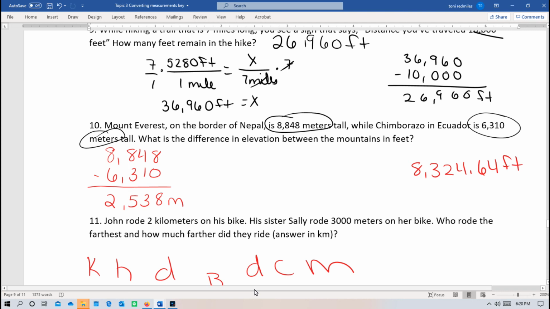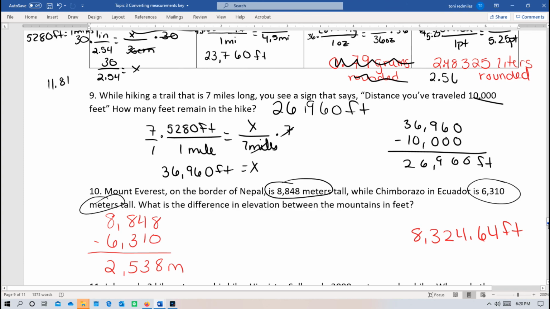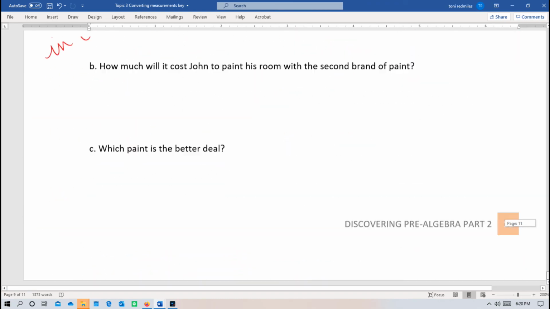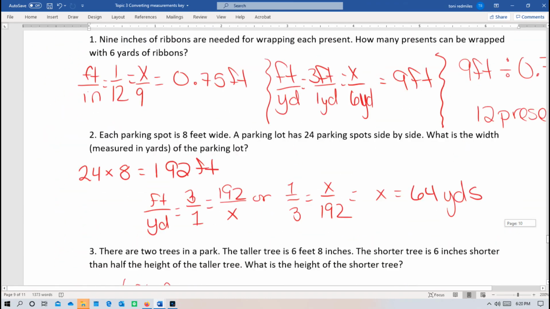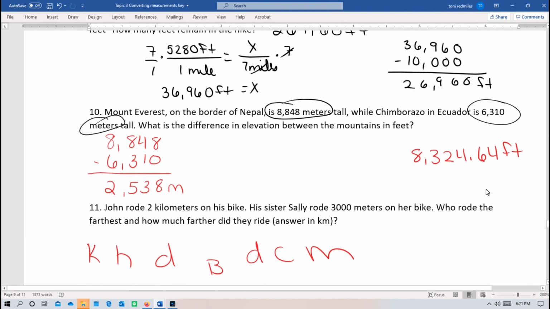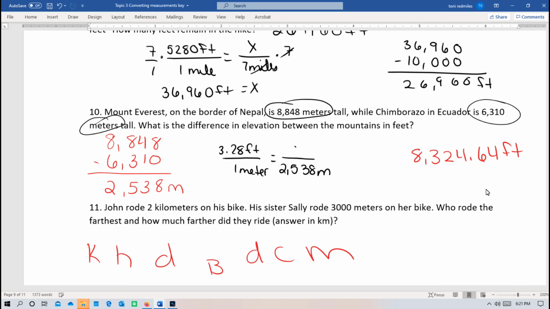I know that it's 3 point something, 3.28, let's go look. 3.28 feet in 1 meter. So that's my first ratio. And I got to set it equal to the meters that I have, 2,538 meters over x.